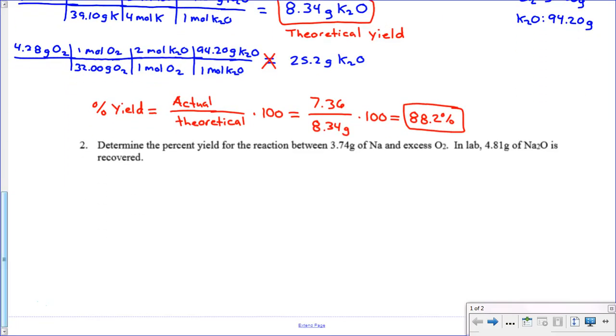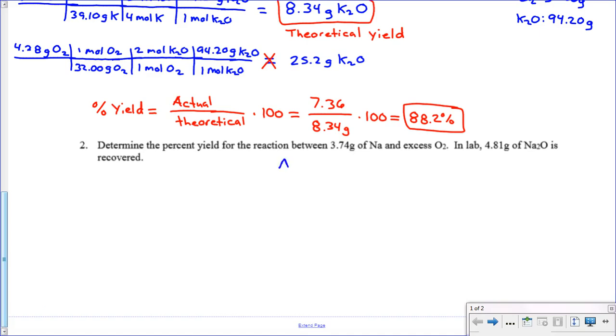Okay, I will do one more example of this process. It says determine the percent yield for a reaction between 3.74 grams of sodium and excess O2. And then in this lab, 4.81 grams of Na2O was recovered. So this is undergoing a similar reaction to what we had seen before.